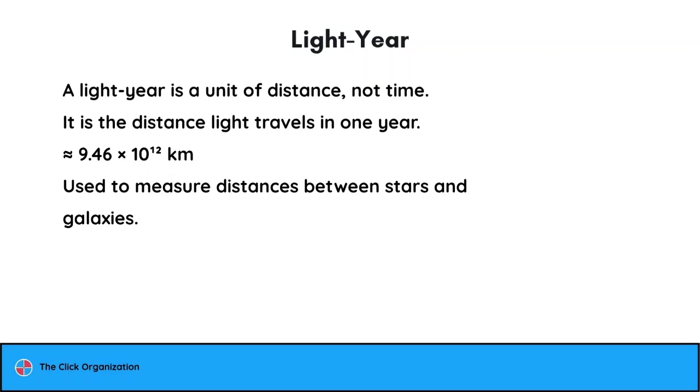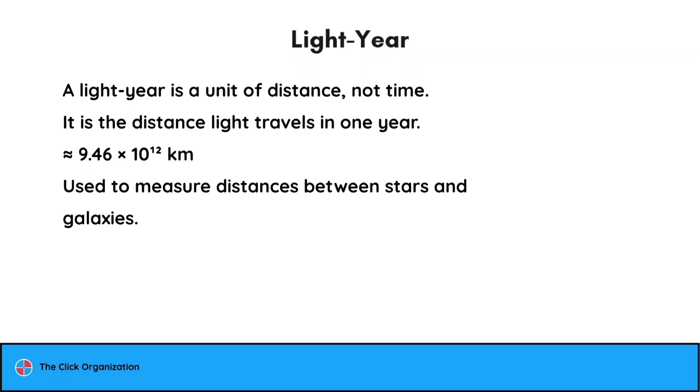Light year. Despite its name, a light year is not a unit of time. It is actually a unit of distance. And how is that? A light year is the distance that light travels in 1 year. Since light travels incredibly fast, about 300 million meters every second, 1 light year is approximately 9.46 times 10 to the power of 12 kilometers.